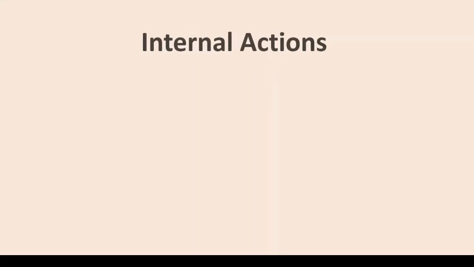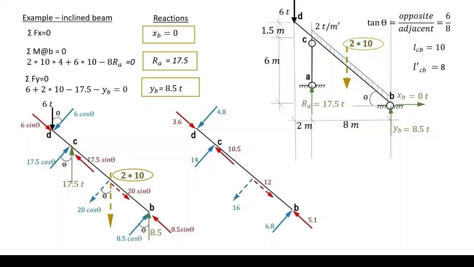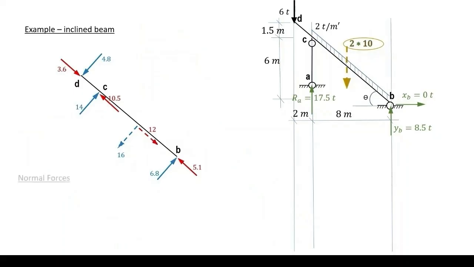Now we are ready to plot the straining actions. Normal force diagram. Note that all values will be plotted perpendicular to this center line. Normal force diagram is plotted by the red forces. The red forces are in the direction of the center line.